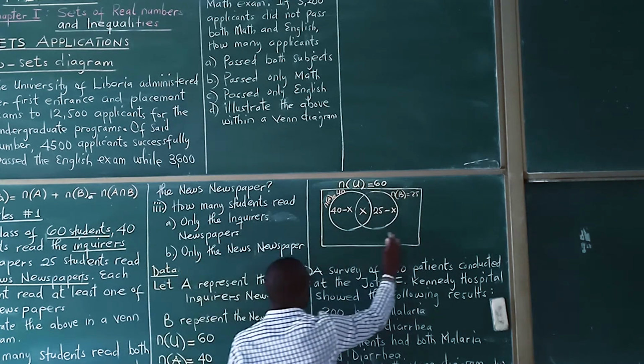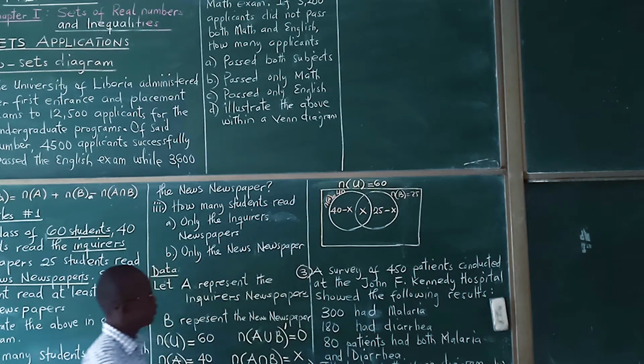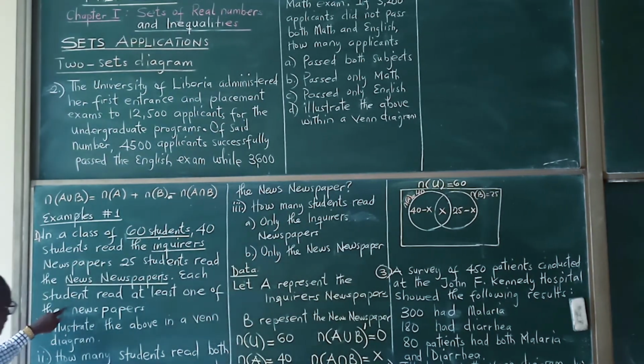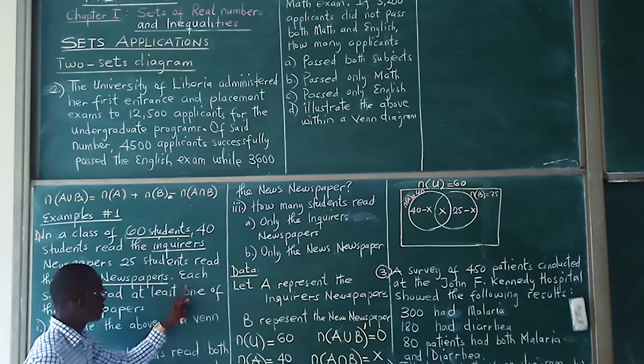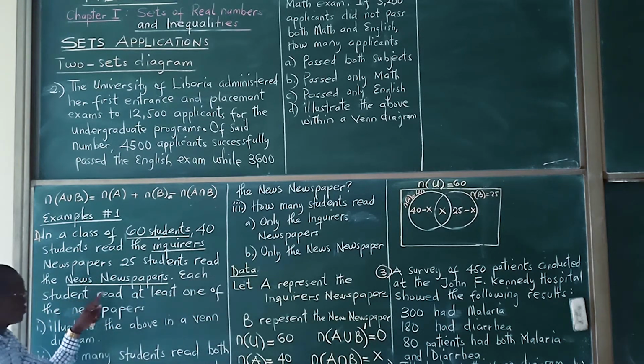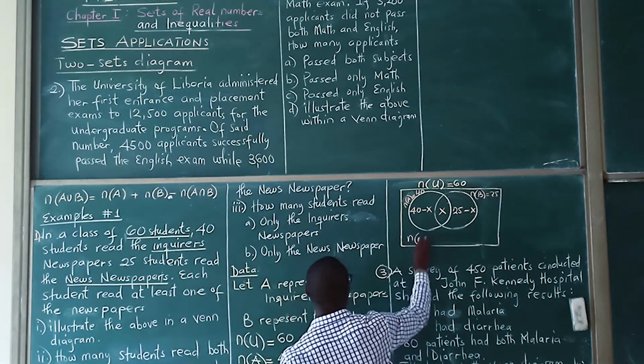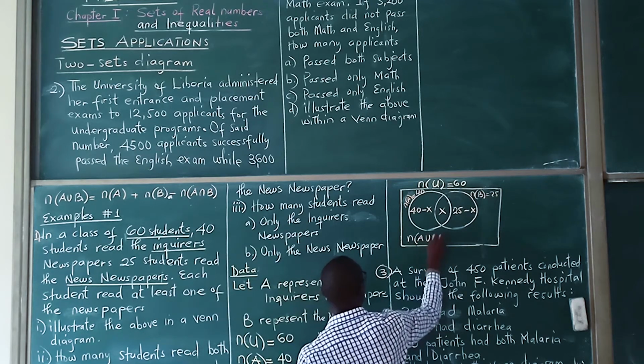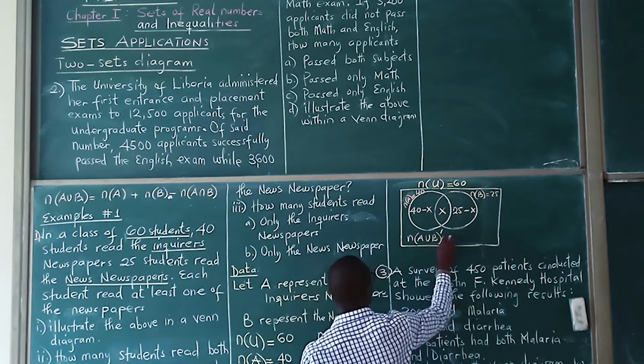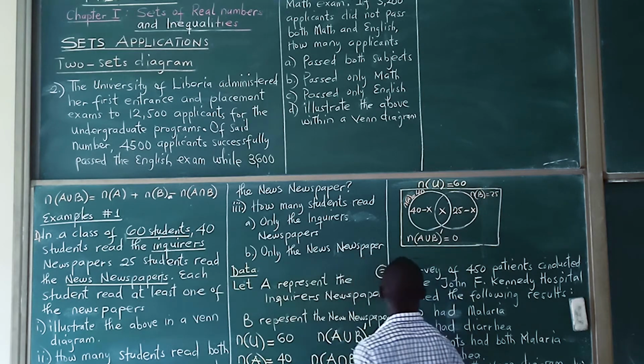Now, what about those people who did not read either of the newspapers? The question did not say a student did not read either of the newspapers, because they said each student read at least one of the newspapers. So this portion, the number of A union B all prime, is just equal to 0.